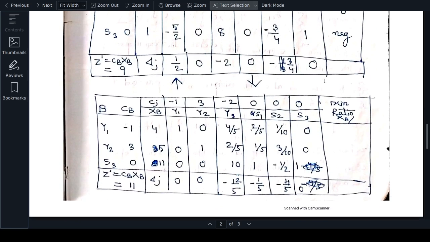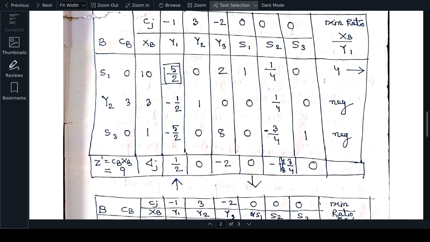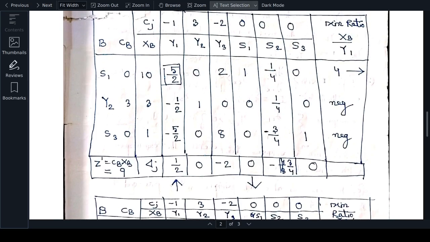In the third table, how to write the first row? So you see our pivot element is 5 by 2. So each element of the minimum ratio row is divided by 5 by 2. So 10 divided by 5 by 2, then we write in the third table. So this is 4.